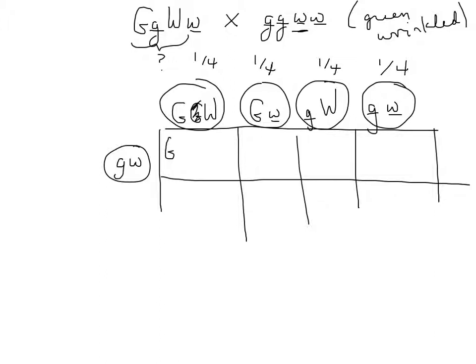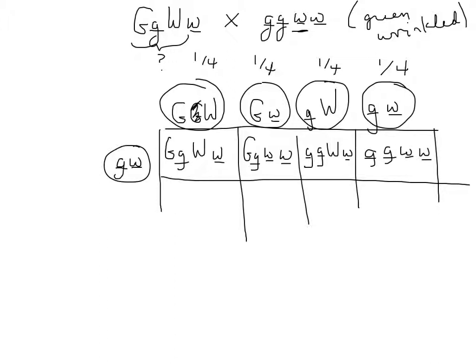Big G big W little g little w, big G little g little w, little g big W little w, right? Lowercase g, this was supposed to be underlined too, lowercase w.